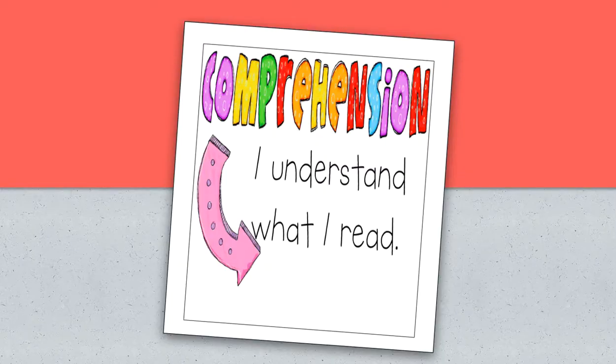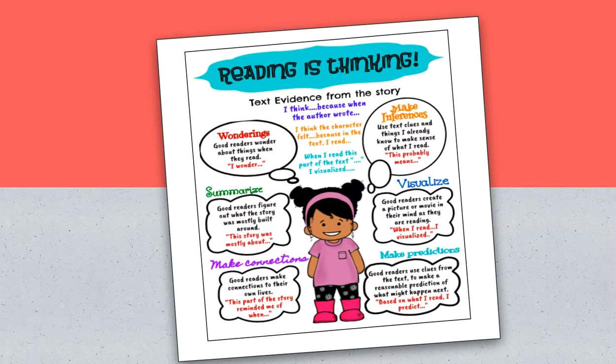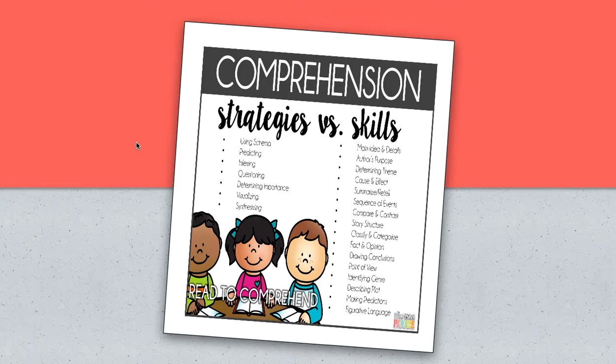Finally, we come to comprehension. If you can read fluently and decode the words that you don't understand or can't say, then you're going to understand what you read. So one of my favorite comprehension strategies is reading is thinking, and these are some strategies you can use for reading is thinking. And then they also have strategies versus skills.